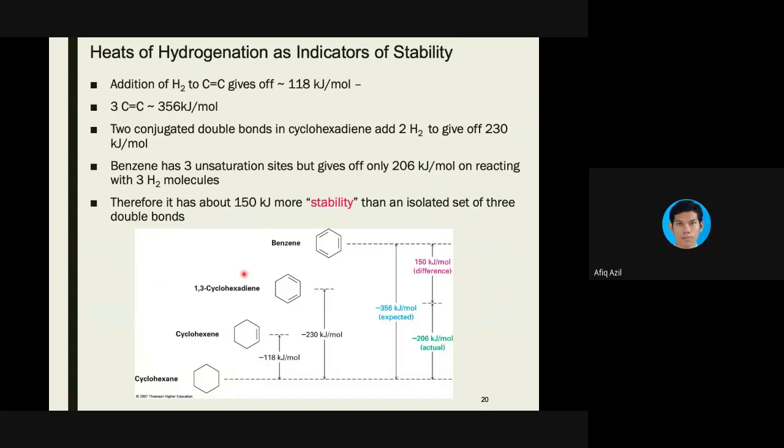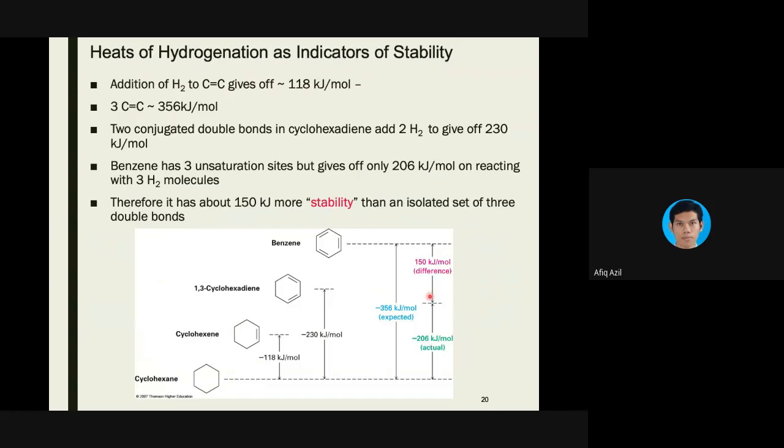By right, if you have 3 C=C, you should get about 356 kilojoule per mole of energy being released. Okay, but the actual result obtained is that the heat of hydrogenation released is only 206 kilojoule per mole.